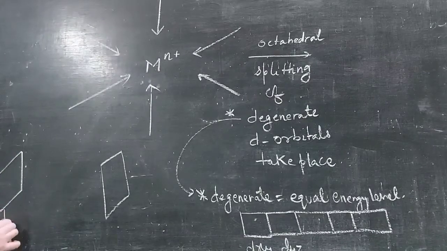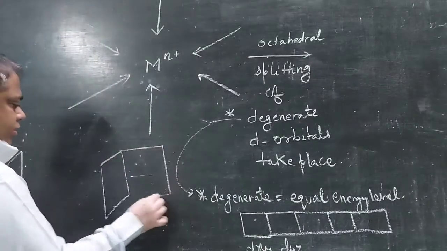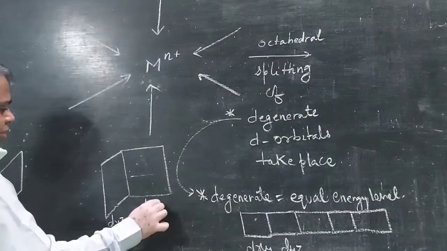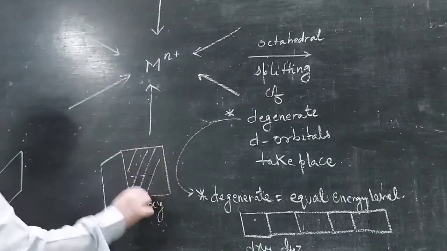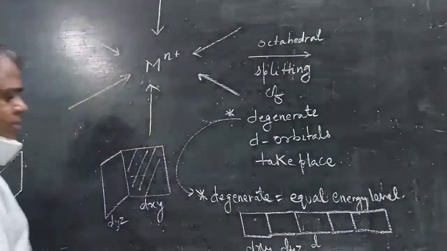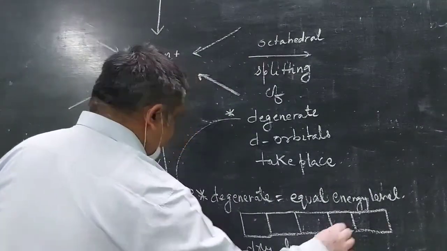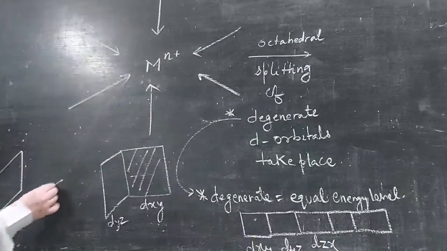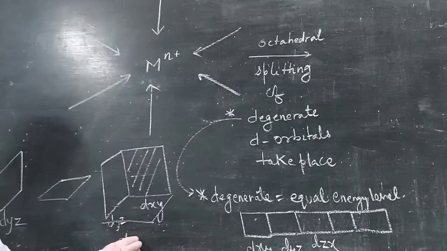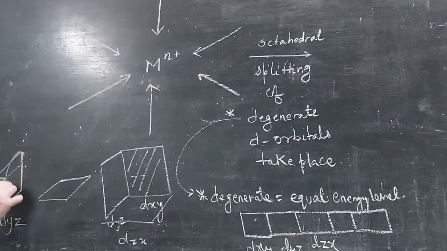So if the d orbital is in yz, we call it dyz.